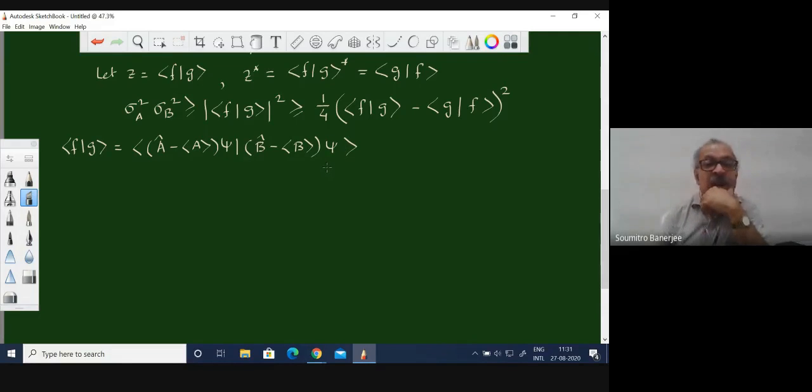Okay, now since this is a Hermitian operator, I can bring it to this side to write psi, A minus expectation A, B minus expectation B. Doing all this in order to get you accustomed to these bracket manipulations and getting this to this side and things like that, and just working it out in front of you so that when you do it, you do it right.